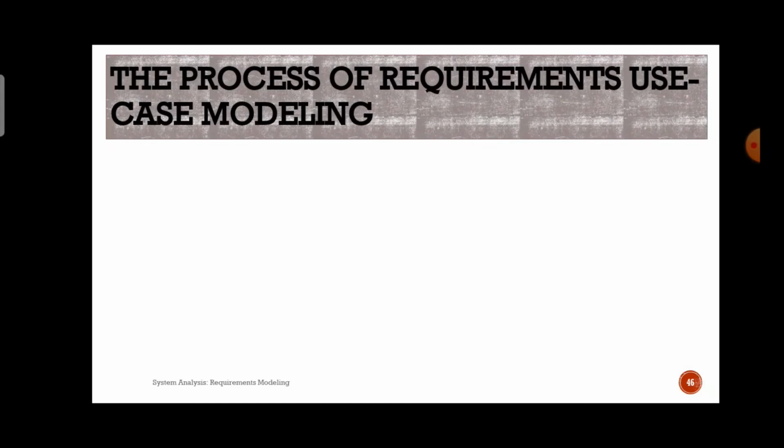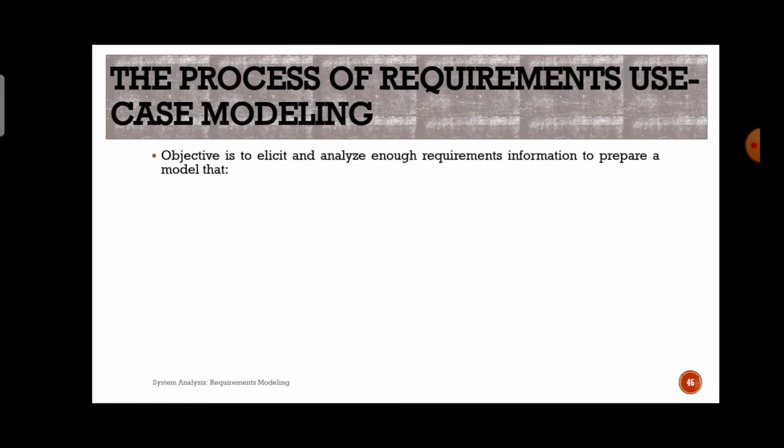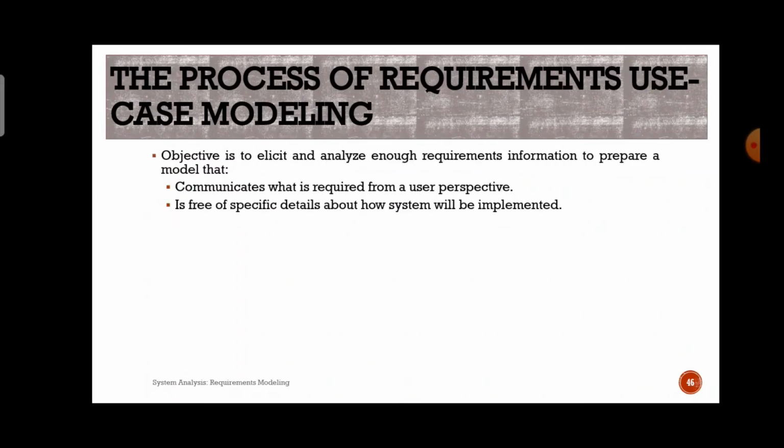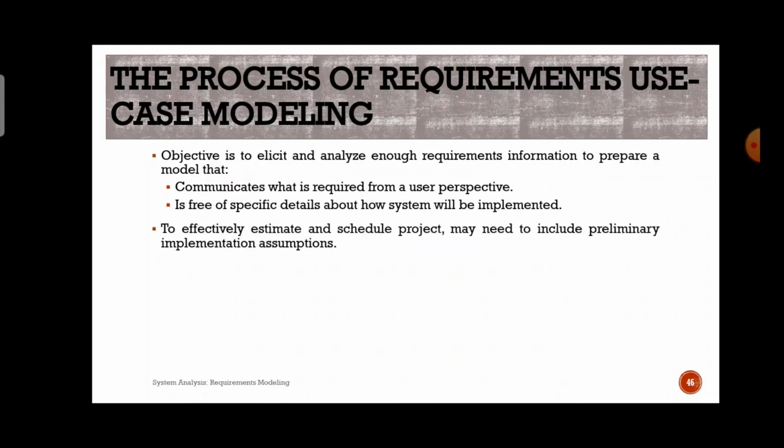The process of requirements use case modeling. The objective is to elicit and analyze enough requirements information to prepare a model that communicates what is required from a user perspective, and is free of specific details about how the system will be implemented. To effectively estimate and schedule the project, you may need to include preliminary implementation assumptions.